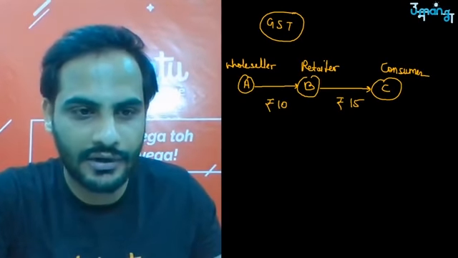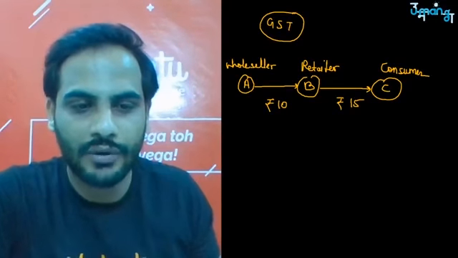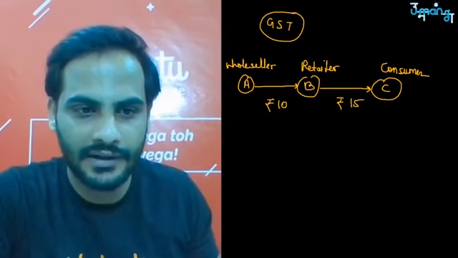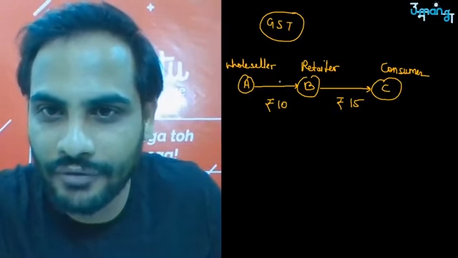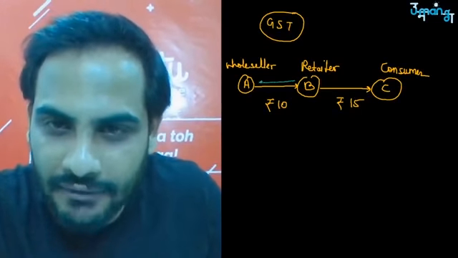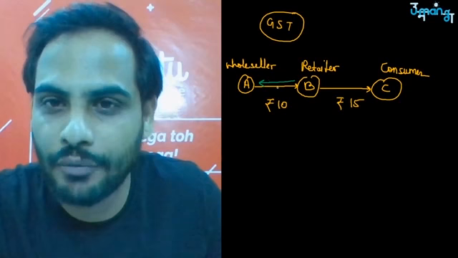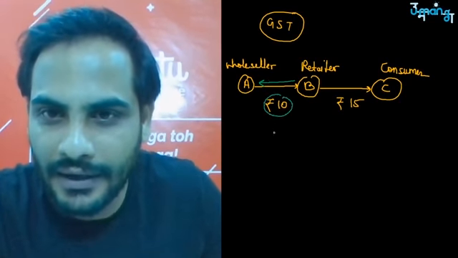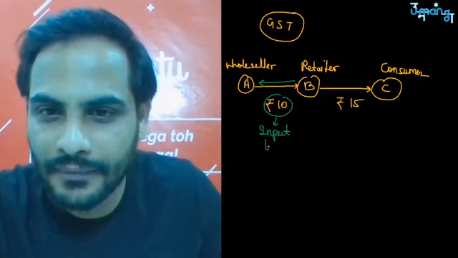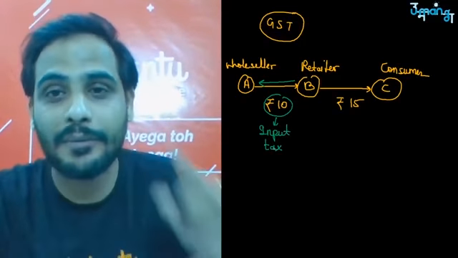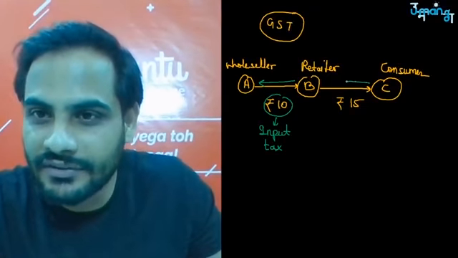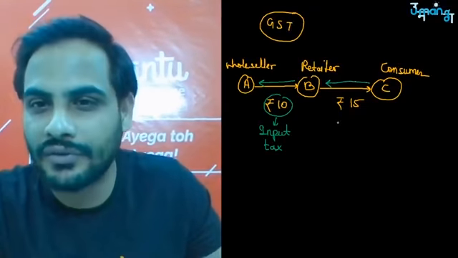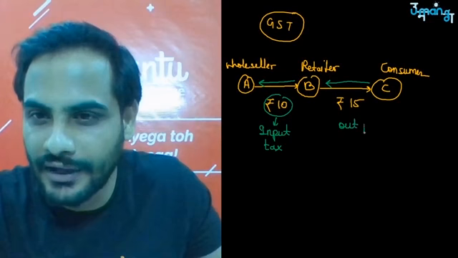I would like all of you to understand the order very clearly. When B bought the item from A, B gave rupees 10. This part is called input tax for B, because B gave 10 rupees to A. And here C, the consumer, gave 15 rupees to B. So this is called output tax for B.